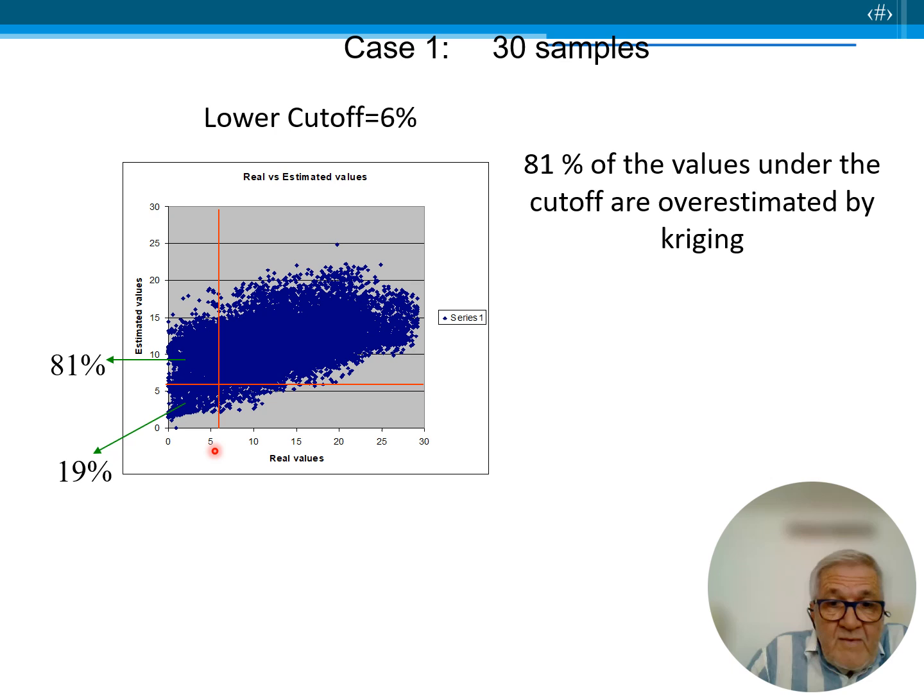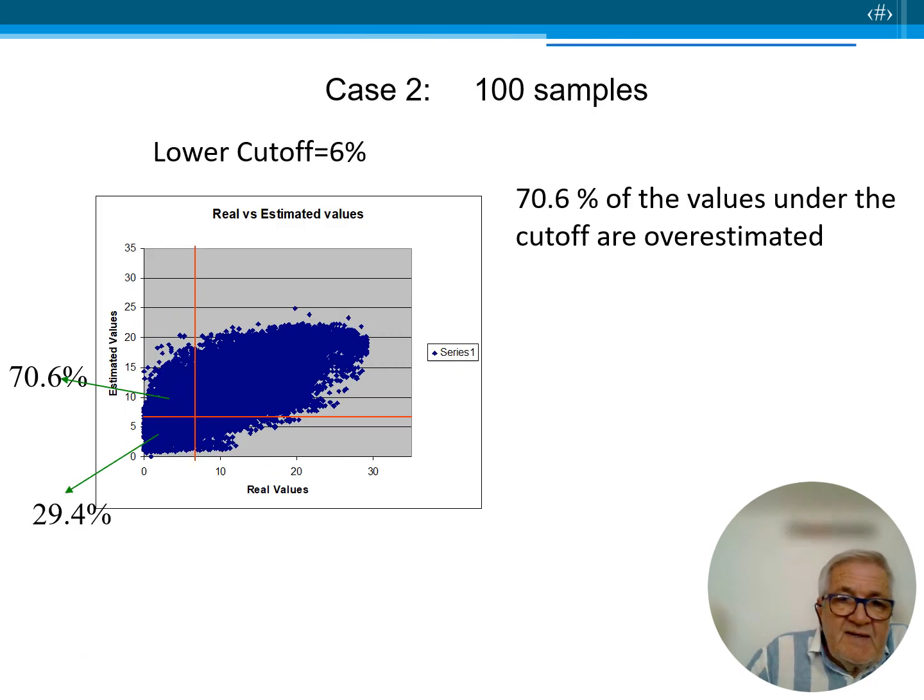But if you look at the real values, in reality, the points lower than 6% are in this cloud here, which means that in this upper part of the cloud, 81% of the values under the cutoff are overestimated by kriging. Kriging considers those values higher than 6%. Correctly estimated, you can find just 19%.